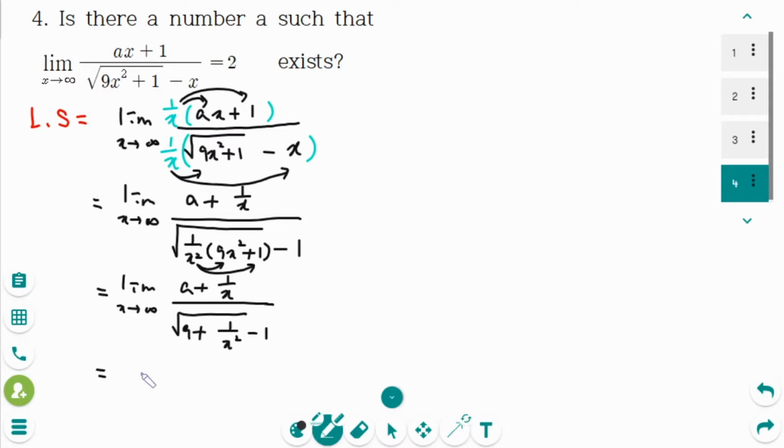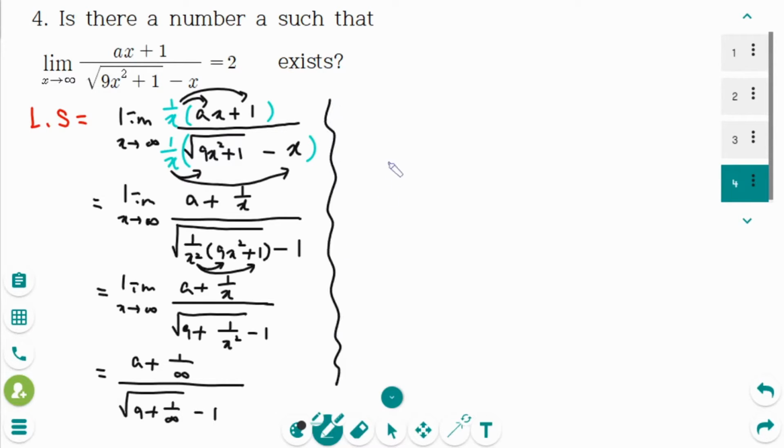And then put infinity into x: a plus 1 over infinity over square root of 9 plus 1 over infinity minus 1. So a plus 0 over square root of 9 plus 0 minus 1. So a over square root of 9, which is 3, minus 1. So a over 2. So the left side equals a over 2.